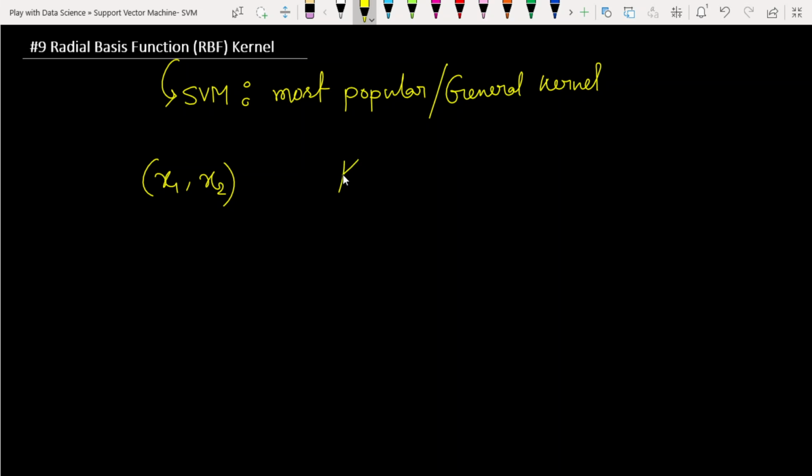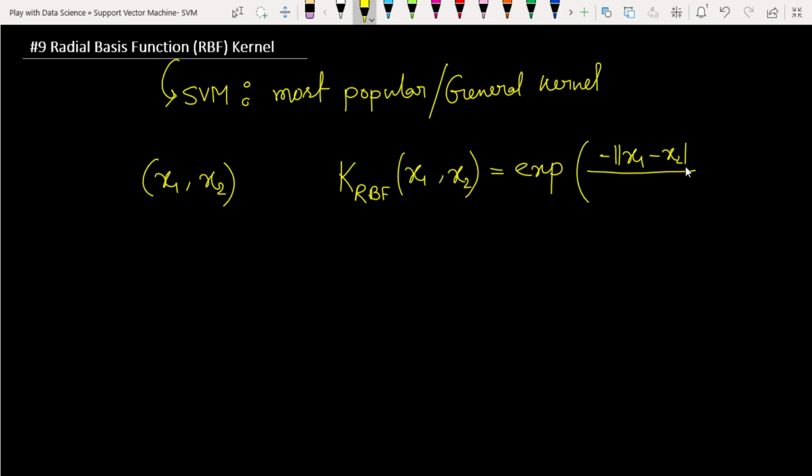Then the RBF kernel of our data points x1 and x2 can be written in this form: exponential of minus norm of x1 minus x2, the whole square, by 2 sigma square. This is simply the formula of the RBF kernel.